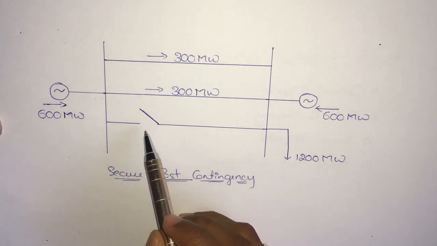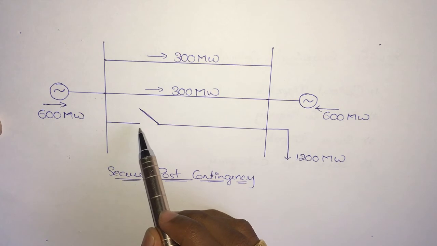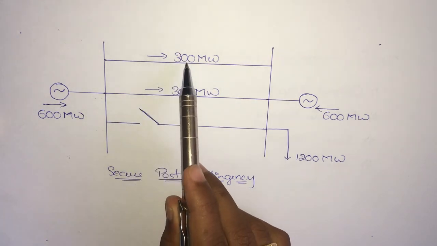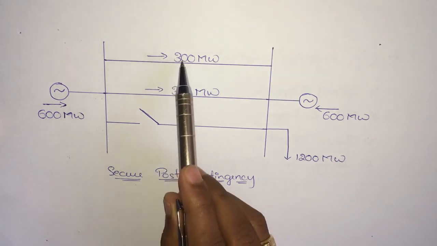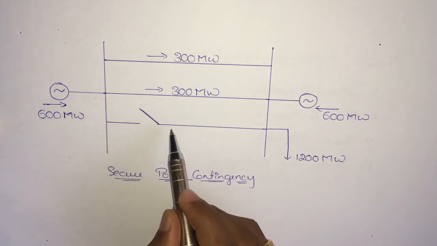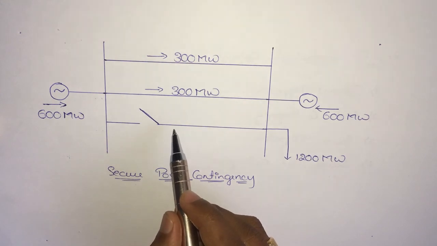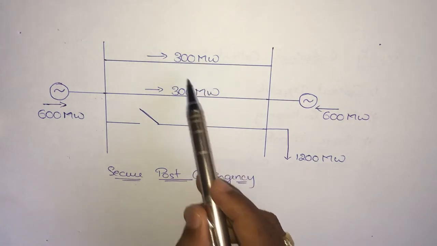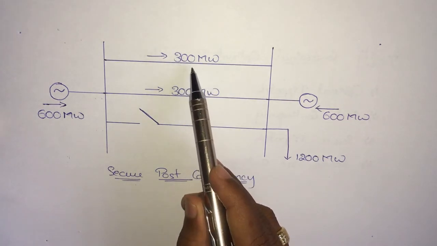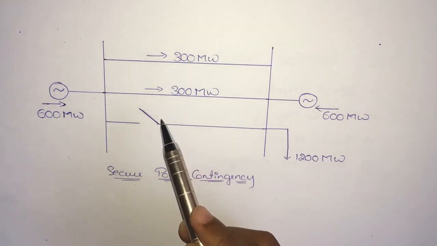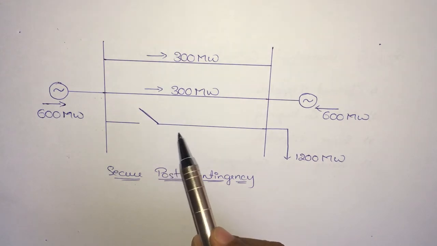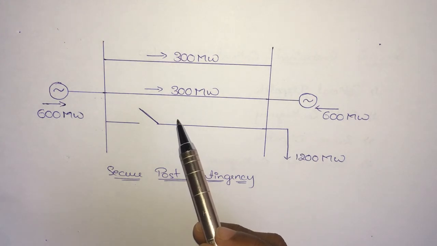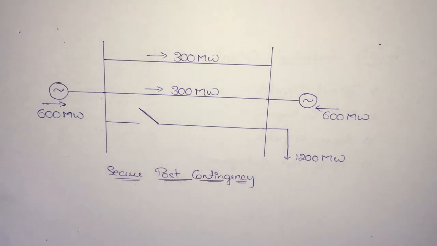Again the same contingency has occurred, which means there is a fault in the third line. Now the load is shifted to the first and second lines. Previously it was 200 and 200, and the third line was carrying 200. That 200 megawatt is loaded to the first and second lines now, 100 each. Now we have 300 megawatt each on the other two lines, which is economical as per our first case, the optimal dispatch case.